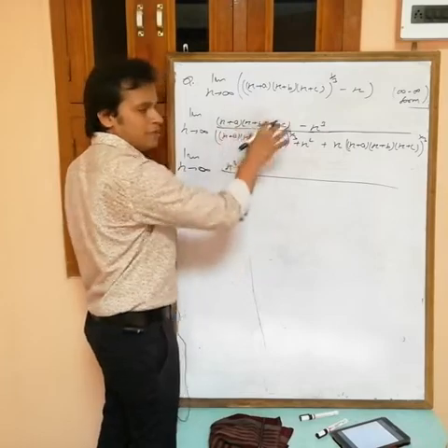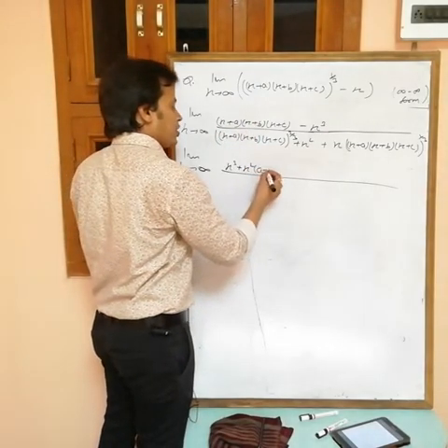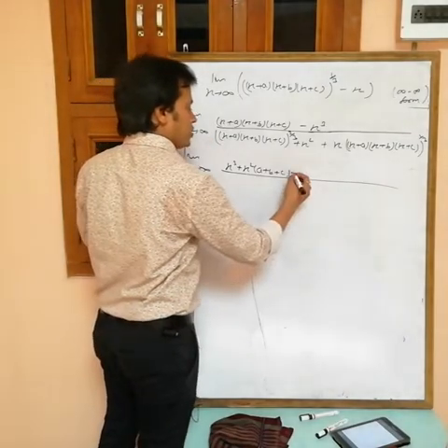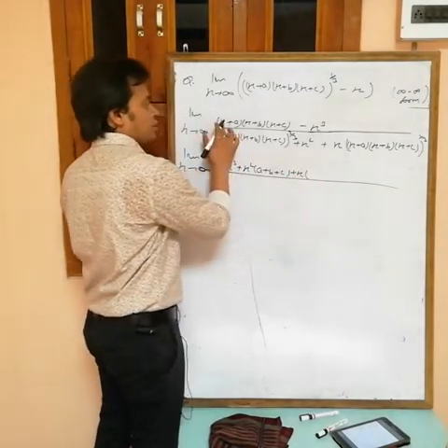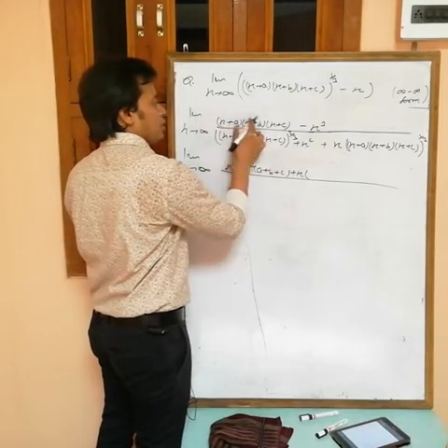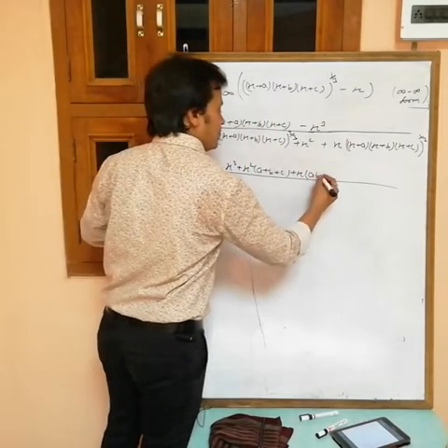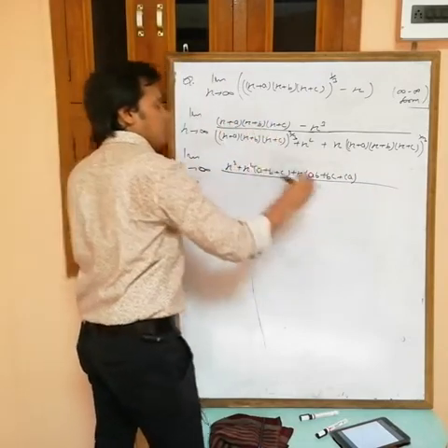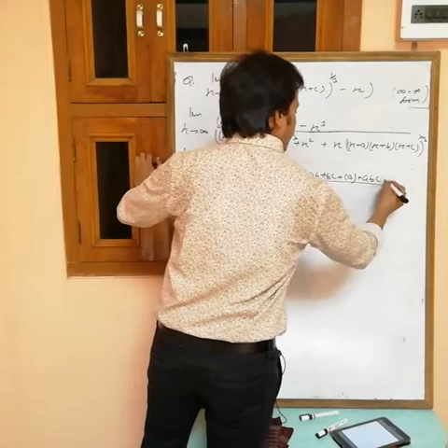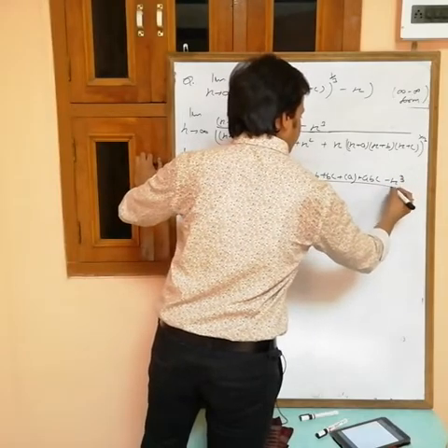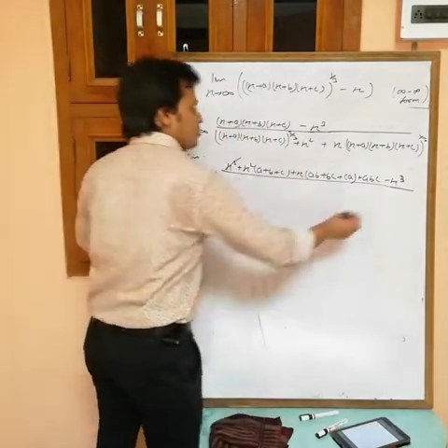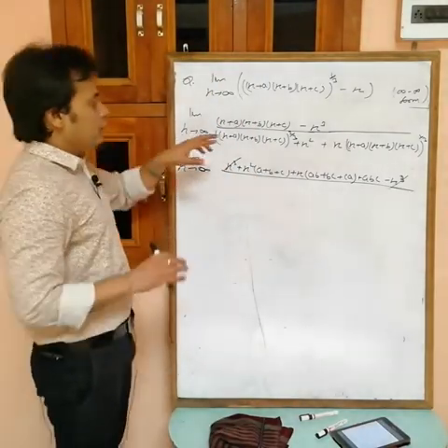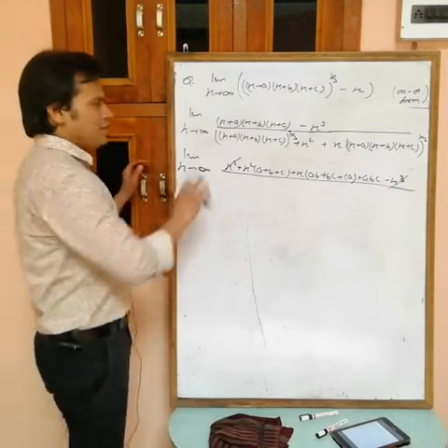So if you multiply this one, then you will get the coefficient of x square as a plus b plus c, and the coefficient of x is ab plus bc plus ca, and the constant term a into b into c, abc, minus x cube. Okay, so x cube cancels out.